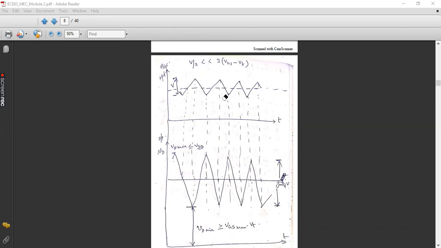It is nothing but the gain. Now tell, what is the gain of this amplifier? Nikita. GM into RD, sir. Yeah, GM into RD.